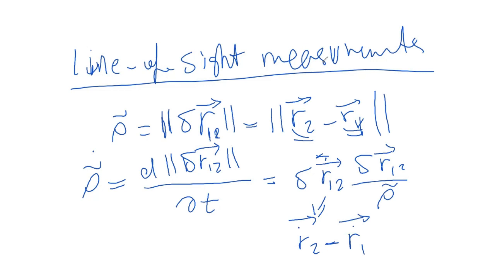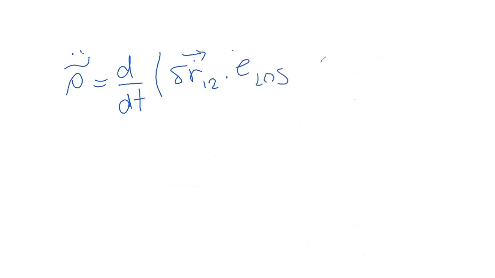So then if I take another derivative, the second order derivative, I come to this. The second order derivative with respect to time is called acceleration. So it will be d/dt of the derivative of rho, times E LOS. What is E LOS?